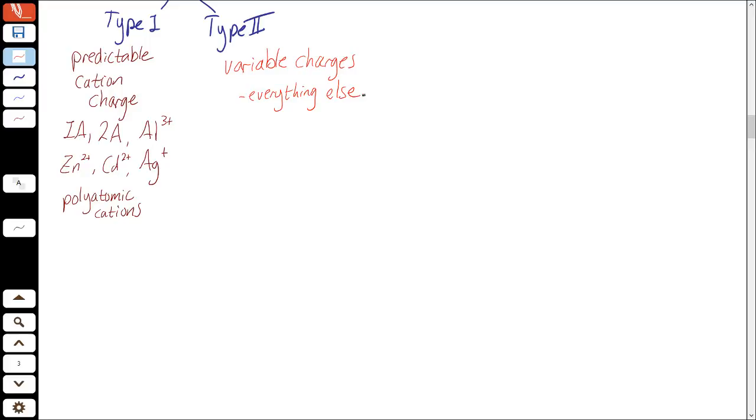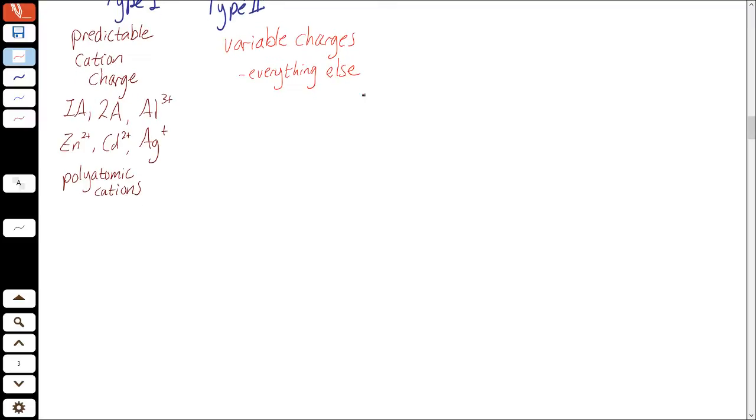So all the transition elements, and then some of the main group metals that are below the stair step, things like tin and lead and thallium, that have different possible variable charges. So they might be +2, +3, +4, +5, whatever, depending on the element.